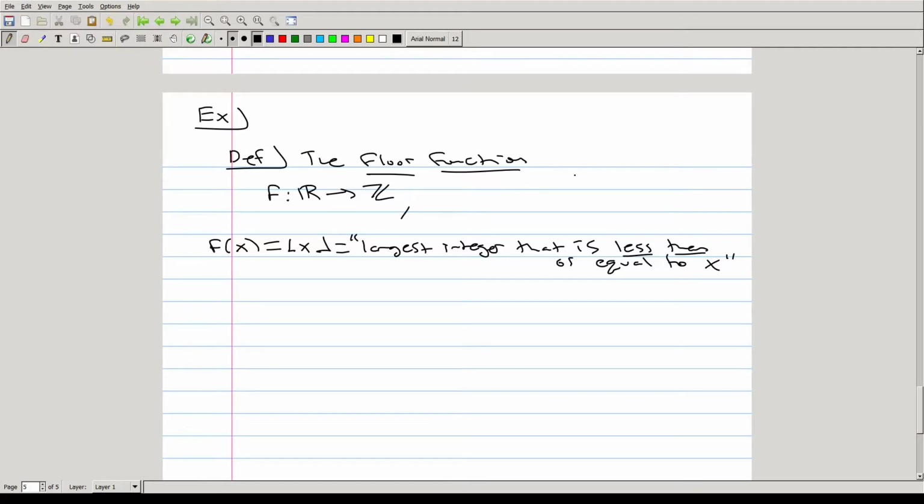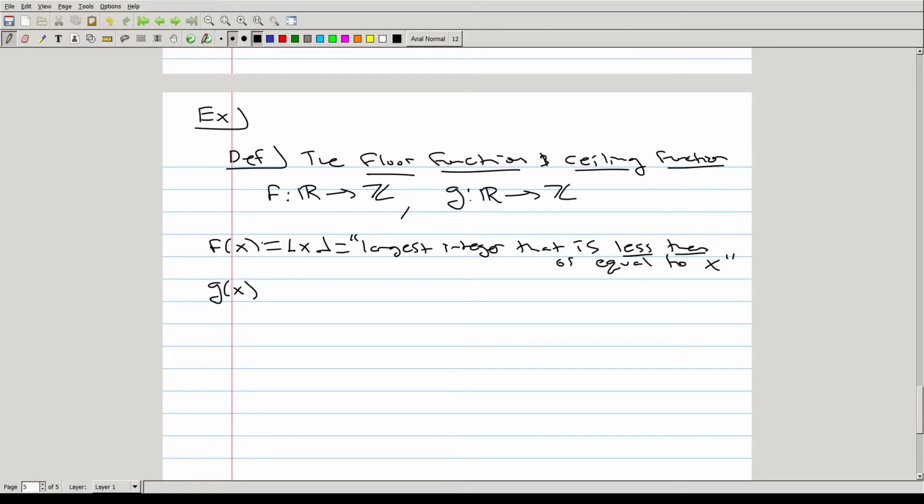And similarly, the ceiling function, which I'll call g here in our function notation. Same thing, it maps the real numbers to the integers.